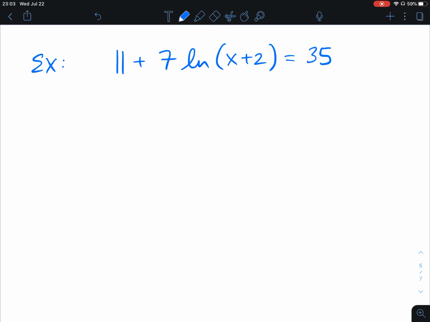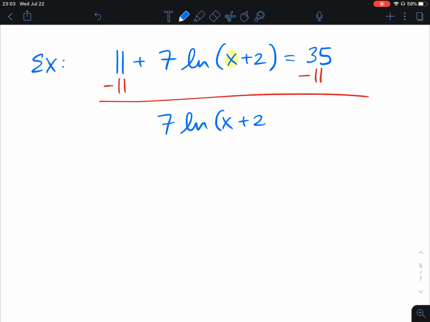All right, so again, put on your old algebra hat, think about how would you start getting x alone, right? Here's my x term. So in this example, again, hopefully a good intuitive step is moving the 11 over to keep working on getting the term with the x alone. So that gives us 7 ln of x plus 2 on the left, so it doesn't feel that much better.